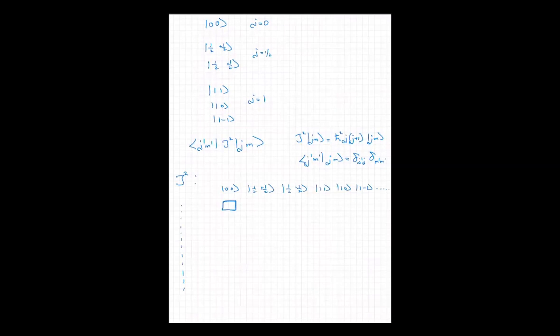The 1/2 states are going to form a 2 by 2 block. The J equal to 1 is going to be a 3 by 3 block, and so on and so forth. Everywhere outside it's going to be 0.